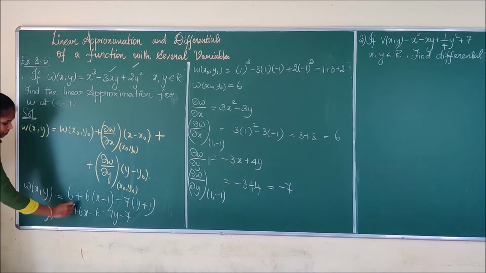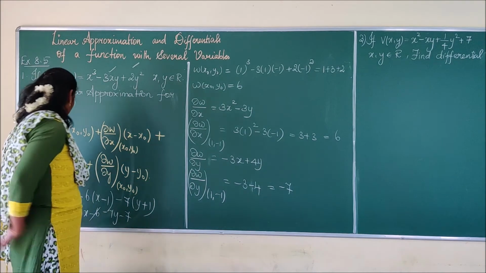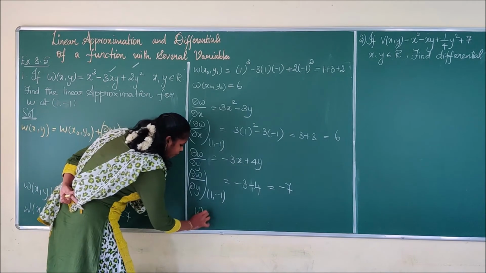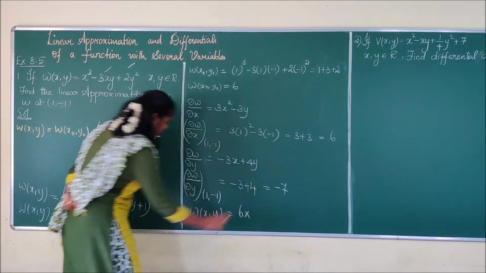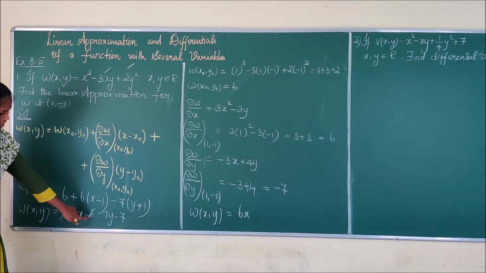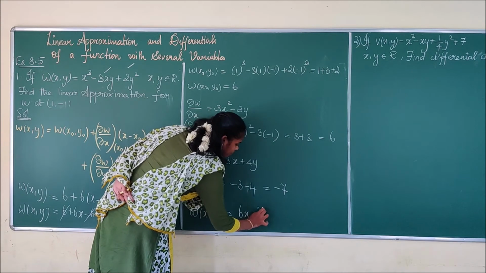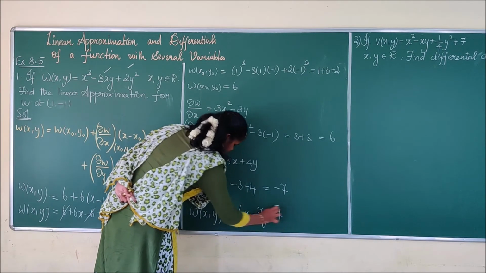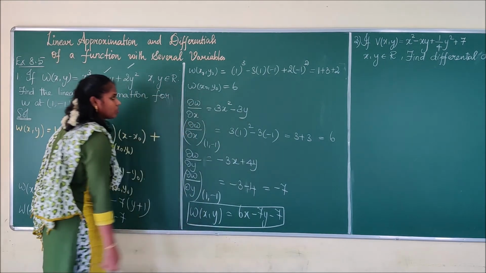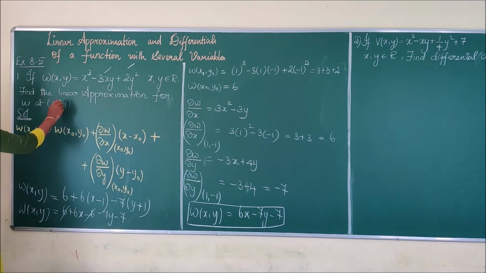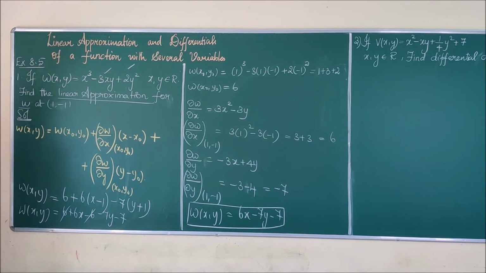So 6x minus 7y minus 7, and this is the final answer. This is what is called the linear approximation for W at (1, -1).